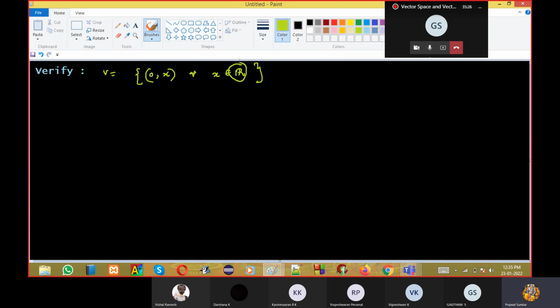The field is R. See, when I'm writing x belongs to R, I'm telling you that the field is R. You don't have to mention it because this is the building block. I've already given the building block, so this is the field automatically. I won't write extra. Okay, you have to understand this. I'll just wait for an answer from somebody. We'll give some more questions.